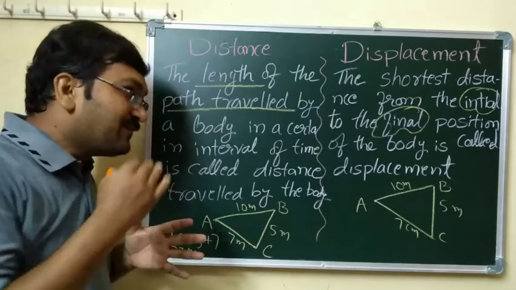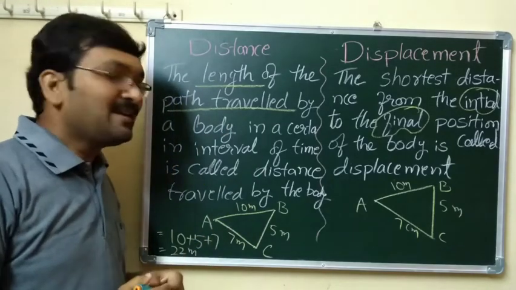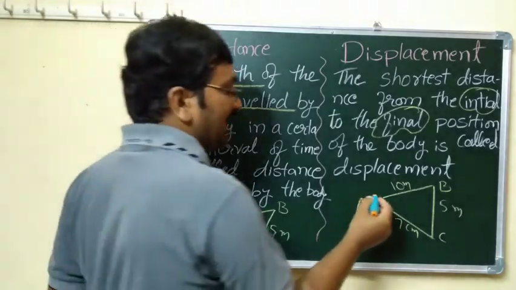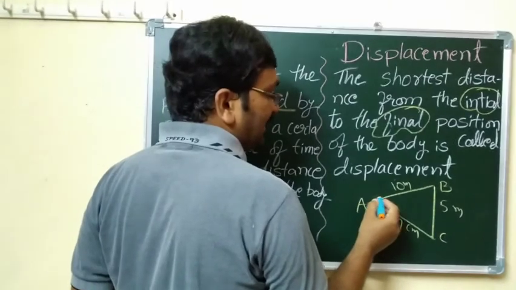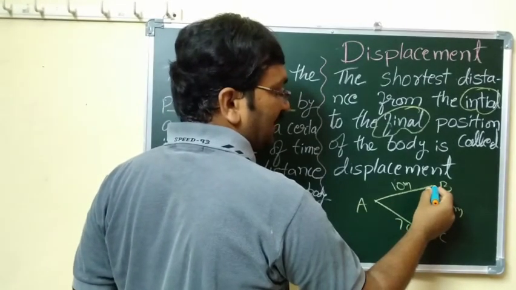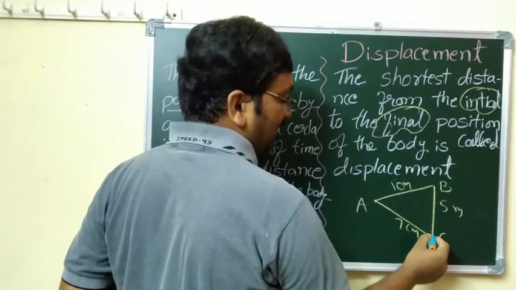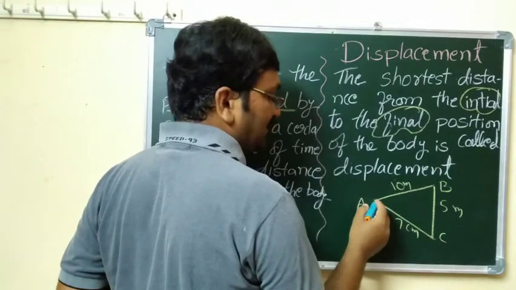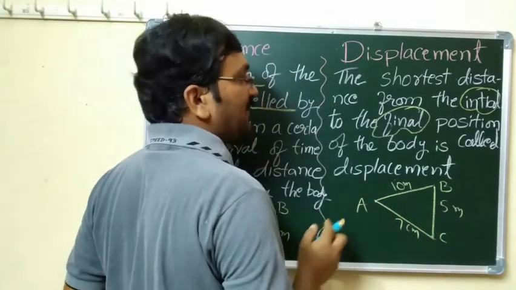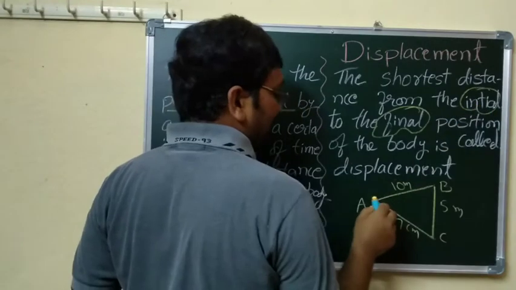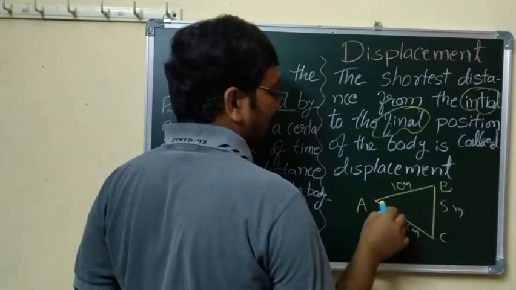When you come to the displacement, suppose A moved from here to here, and finally he reached this A position. So the initial position is here only, and the final position is also here only.